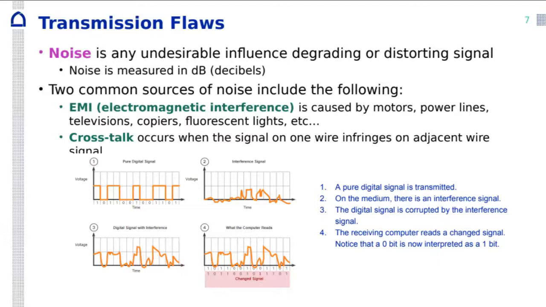It is caused by motors, power lines, televisions, copiers, fluorescent lights, anything electrical. And there is crosstalk. It occurs when the signal on one wire infringes on an adjacent wire. I have two wires. The signal goes from here to the second wire. This is called crosstalk.